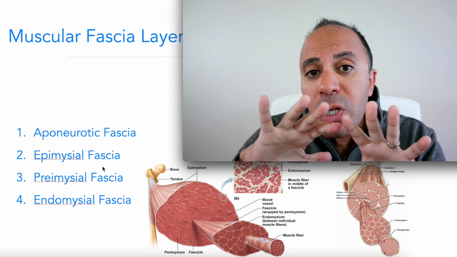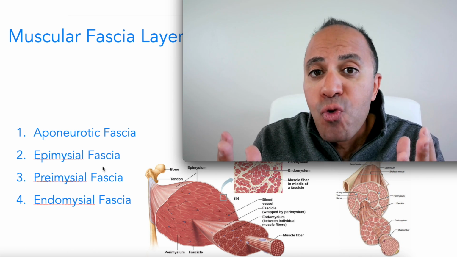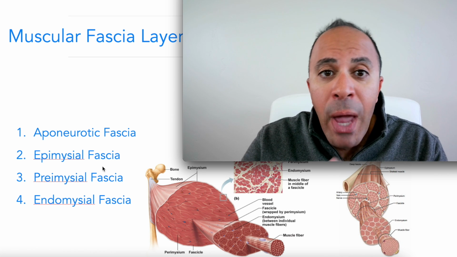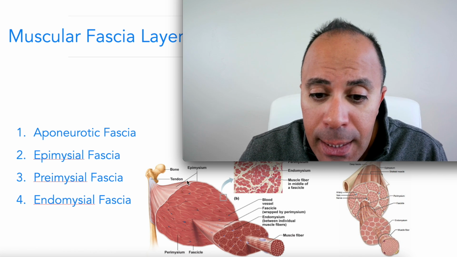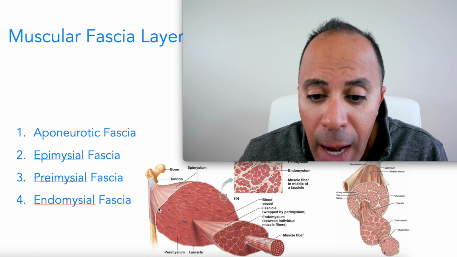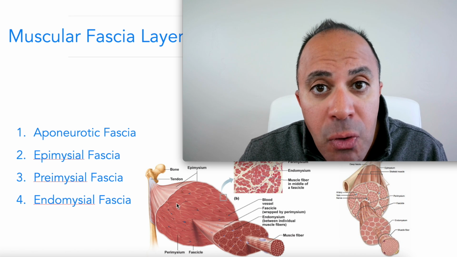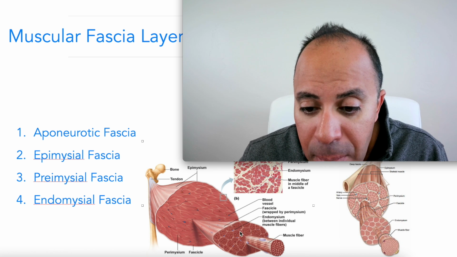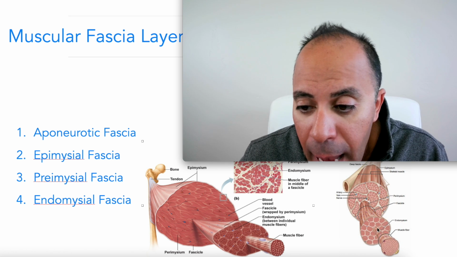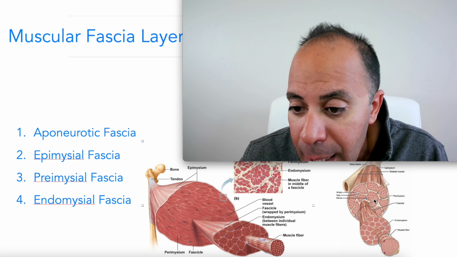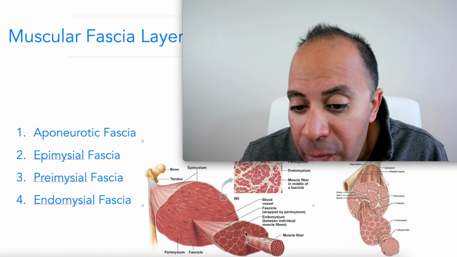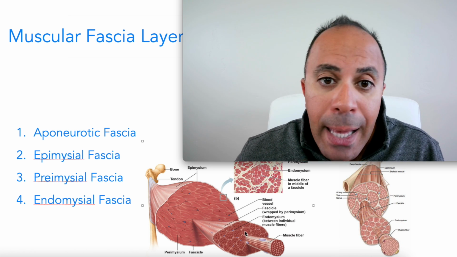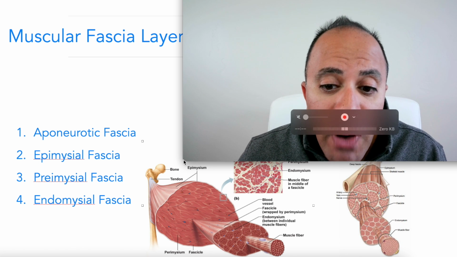The aponeurotic fascia is wrapped surrounding a group of muscles. And then we have the epimysium, and you can see here the epimysium, it's surrounding each individual muscle. Then you have the perimysium that's wrapping a bundle of fibers. And then at the end you have the endomysium, and that's wrapping each individual fiber.